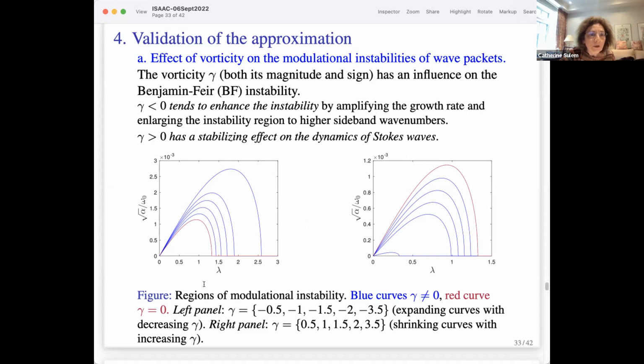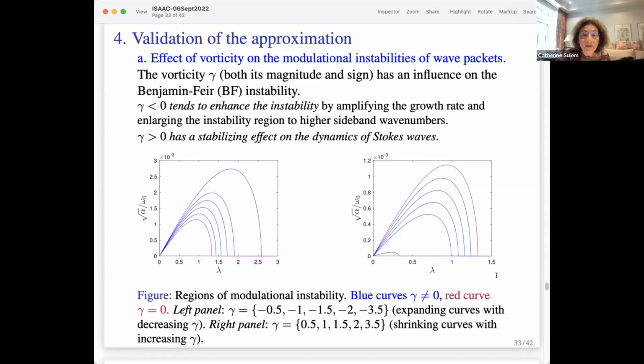As we look here, the red line is the region of the modulation instability for gamma negative, and as we increase the size of gamma, we are expanding the curve. So as gamma gets larger and larger on the negative side, the region increases.